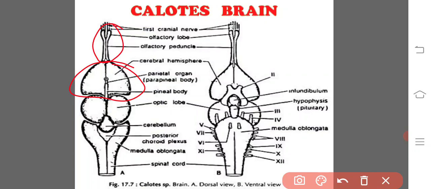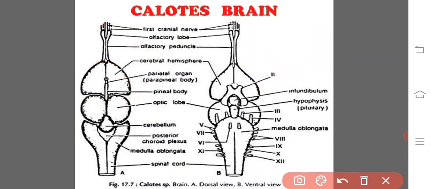It is called the neopallium because the gray matter is situated on the outer margin. The ventrolateral walls of the cerebral hemispheres are thick. The thick region is called the corpora striata, or corpus striatum.